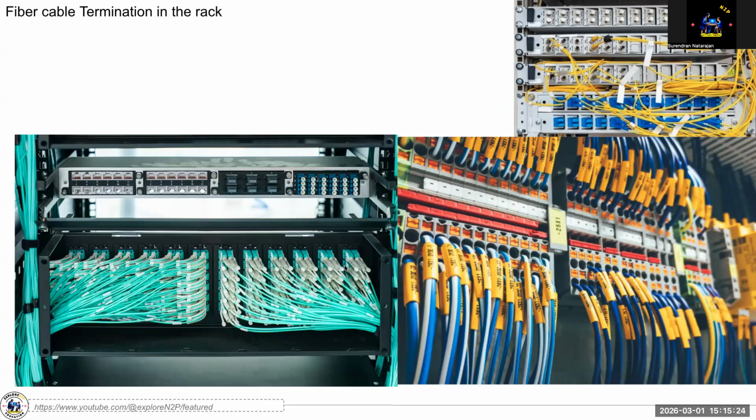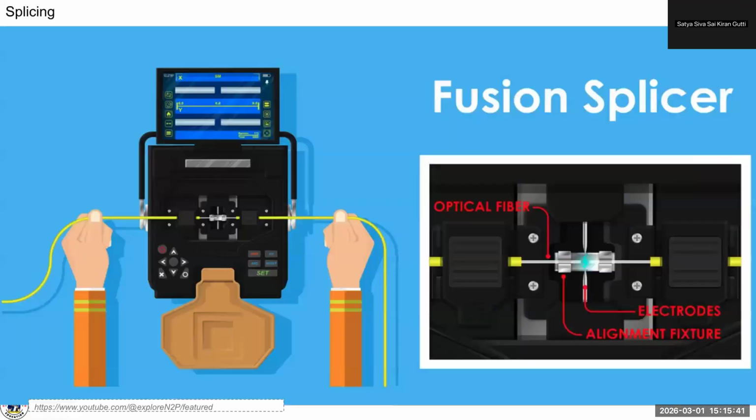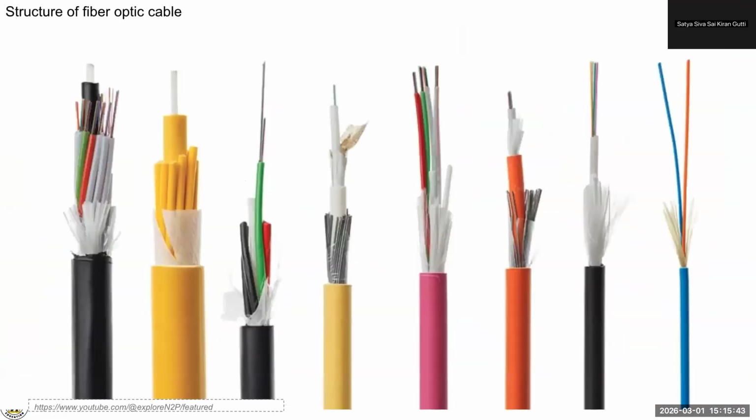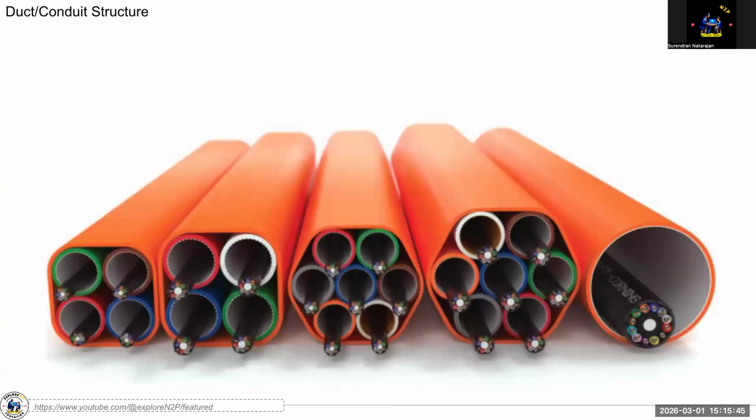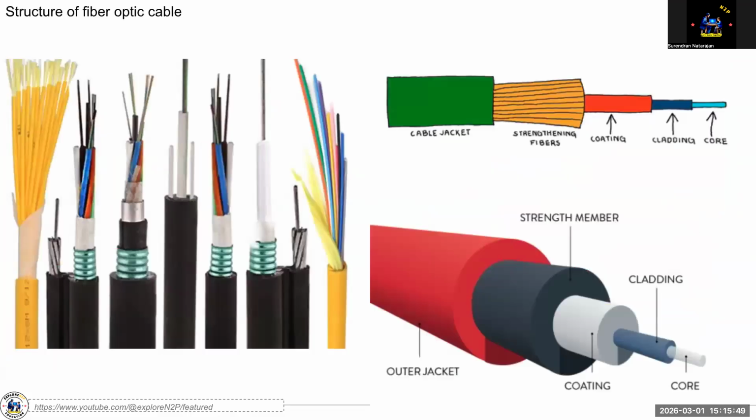A single fiber strand, that is single mode, right? Yes. And this is multi-mode. Only one fiber cable in the duct. Understood. So we understood now this duct, the inner duct, and one cable.